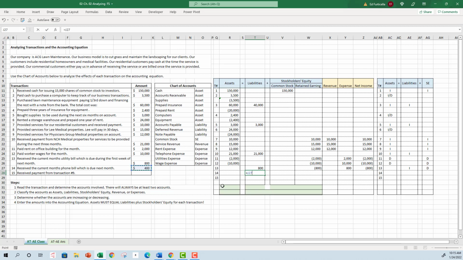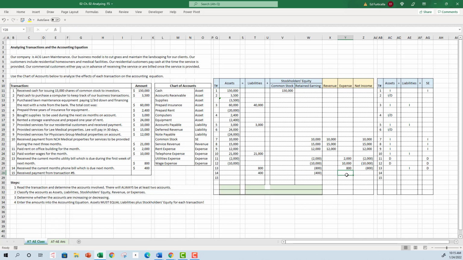Anytime we owe someone money, in this case it would be the phone company, it's an accounts payable. So when we enter this into the accounting equation, we're going to increase our liability by $400. We're going to decrease our stockholders' equity using the retained earnings column by $400 because of the phone expense.